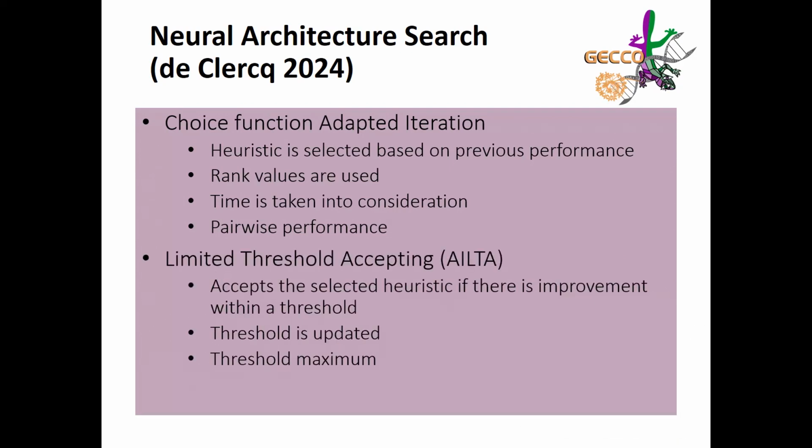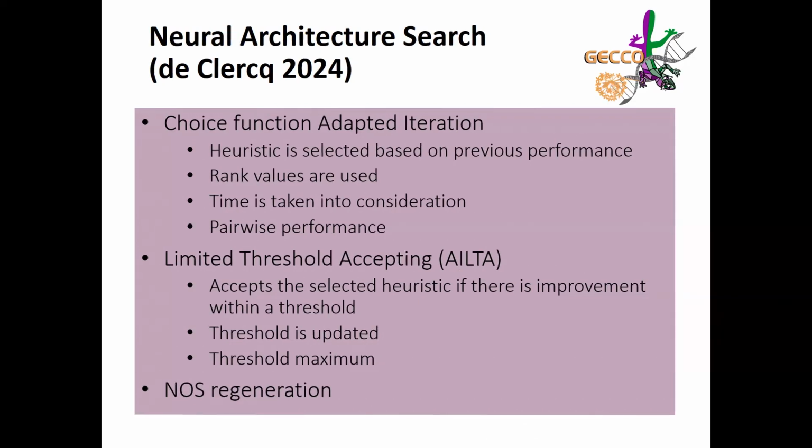Then we had the adaptive limited threshold accepting algorithm, which I already explained. It will accept things that don't improve within the threshold, and that threshold is dynamic. What we also did in this work is, if after a number of iterations there was no improvement, we just recreated the whole NOS string and started again from scratch. That was a NOS regeneration built in to move to another part of the search space if it got stuck.